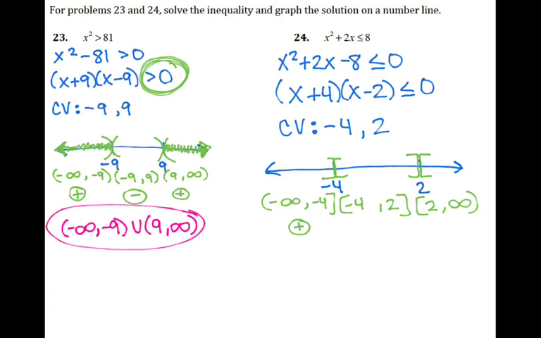I'm going to plug in 0 for my second interval, since 0 is in between -4 and 2, and that results in a number that is negative. And 2 to infinity, I'm going to plug in 3, and that results in a number that is positive. And if I look back at this inequality, I need it to be less than or equal to 0. Well, less than or equal to 0 means that it is negative, so that is this interval right here. So my final answer is that graph, as well as the interval -4 to 2.